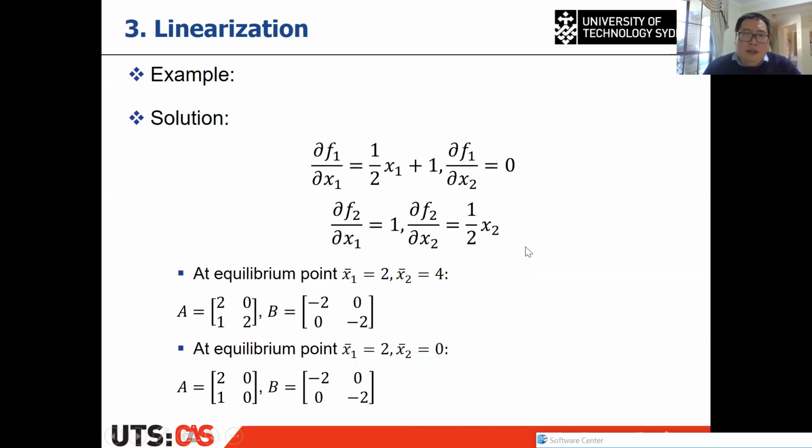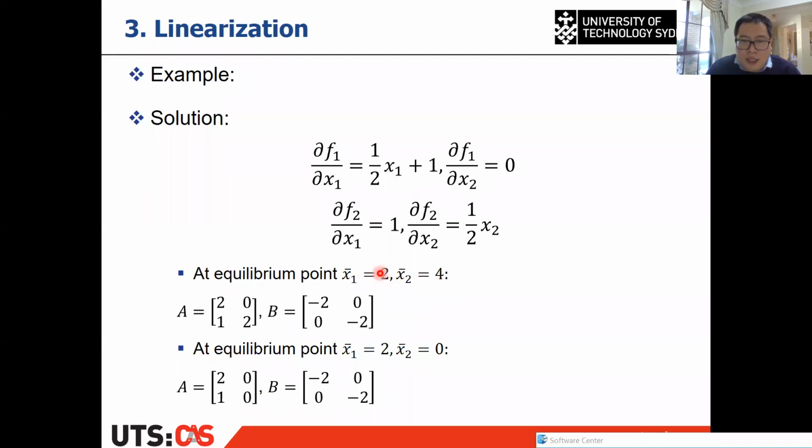They are functions. Then if we want to linearize the nonlinear system at the equilibrium point x1 equal to 2, x2 equal to 4, then we need to back substitute those two numbers onto those partial derivatives, which means those partial derivatives will be evaluated at this equilibrium point.